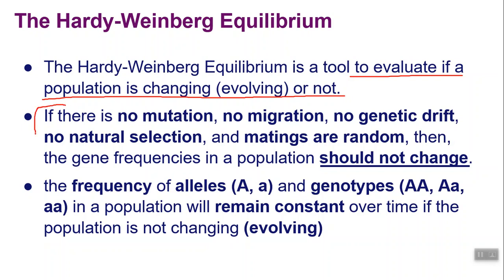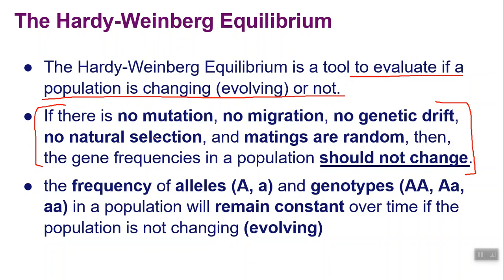So yeah, if all 5 of these things are met, then yes, there should not be any change. But the whole point is that at least one of those criteria will inevitably be violated, right? And you will have changing allele frequencies. It's impossible to not have changing allele frequencies.